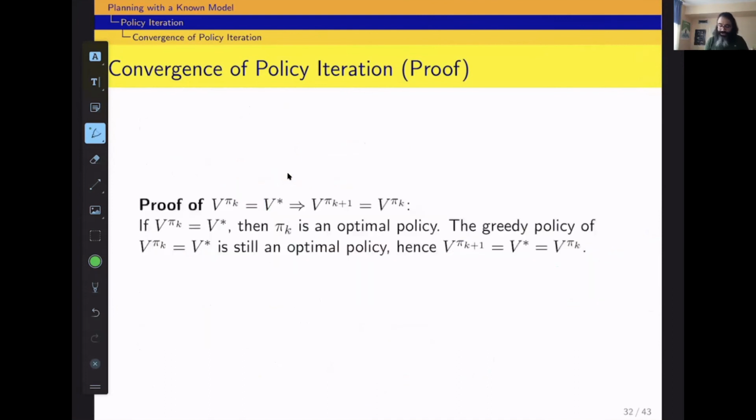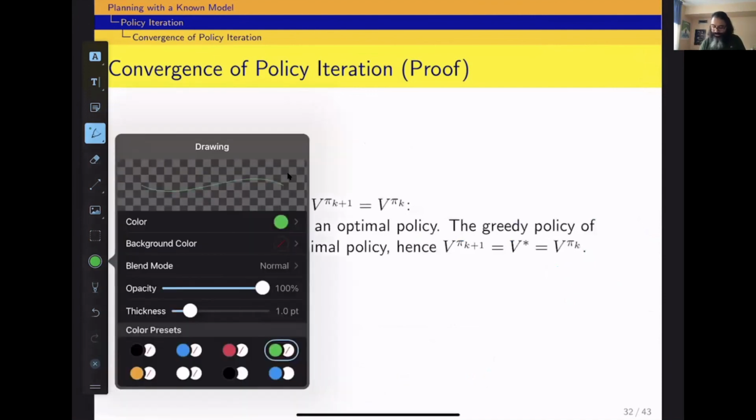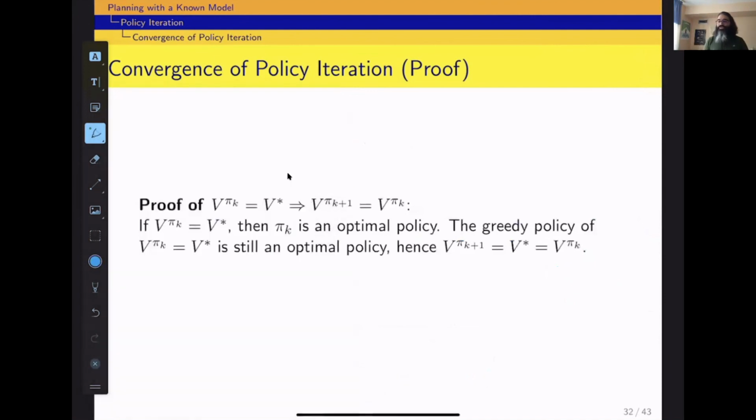The other direction is perhaps more direct. Suppose V pi k is equal to V star, so it's the optimal value function. Then we want to show that V pi k plus 1 is equal to V pi k. So if we get to a point that is the optimal value function, the next step stays the same and equal to the optimal value function. So this goes like this. Suppose the assumption of this part is that V pi k is equal to V star, the optimal value function.